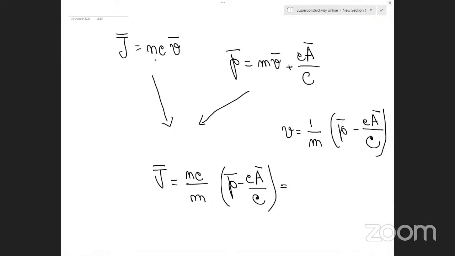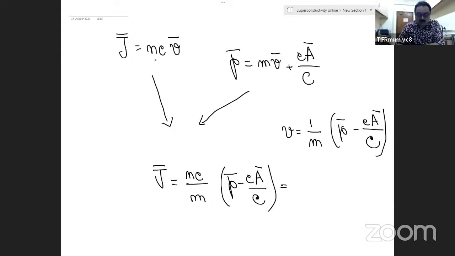It doesn't really matter. You can work either in terms of electrons or in terms of Cooper pairs.